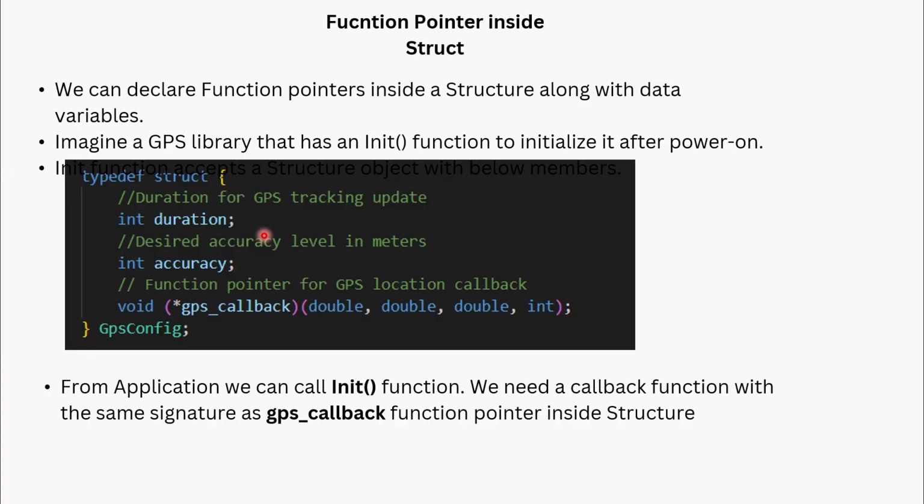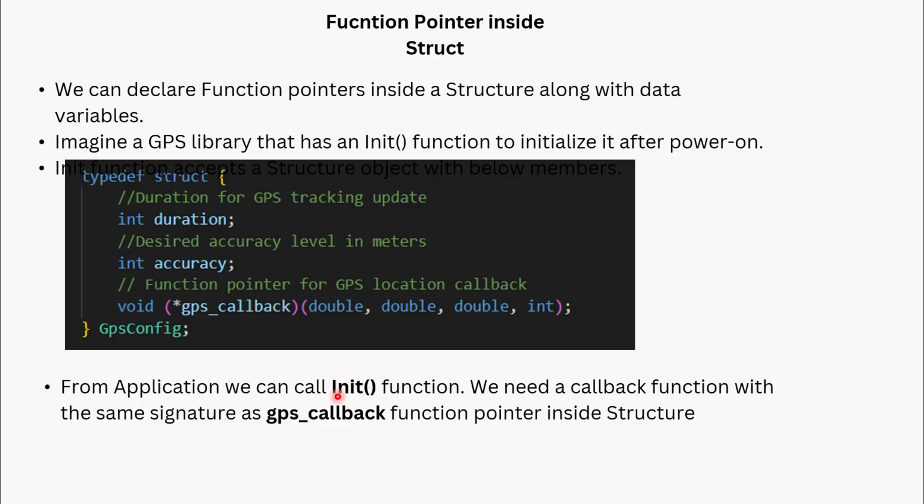You have a duration, which is how frequently you need the GPS updates, and you have an accuracy in meters, how much accuracy you need, and you can also provide a callback function which will be called whenever there is a GPS update. So this is the structure which, imagine, is inside your GPS library.